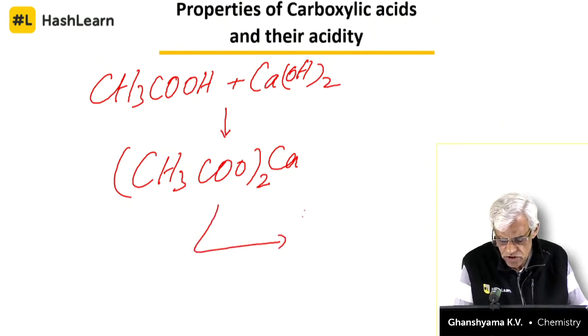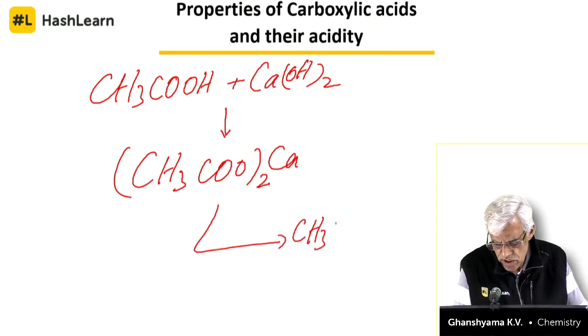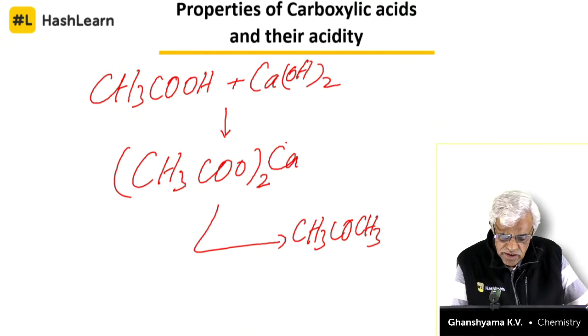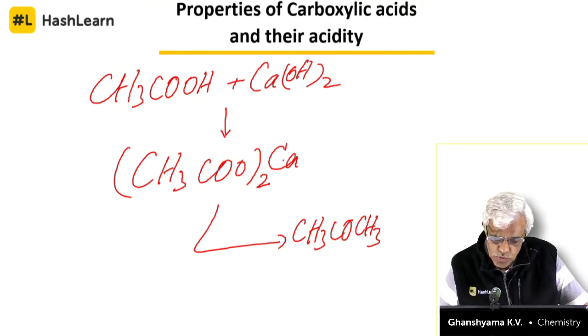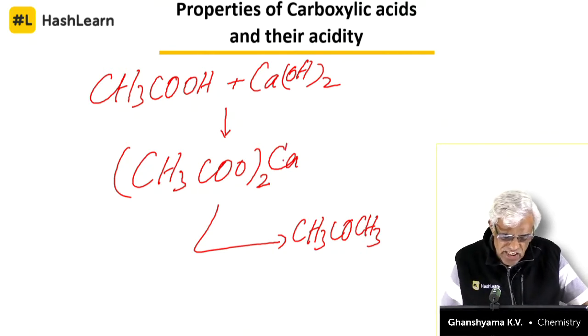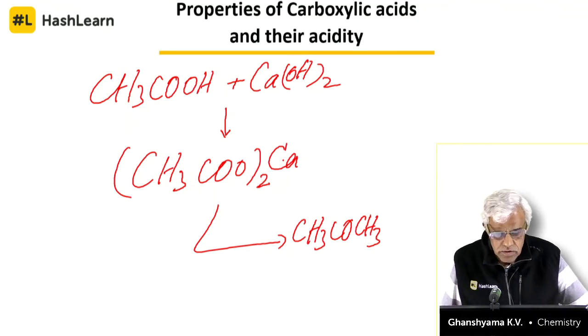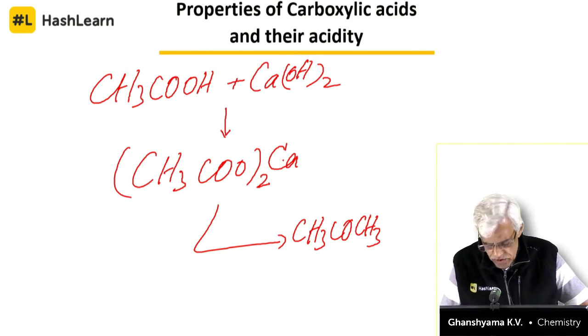If you dry distill it, you get CH3COCH3, propanone. Otherwise, calcium salt is of no use. So, calcium salt on dry distillation gives either an aldehyde or a ketone. So, this gives a ketone.